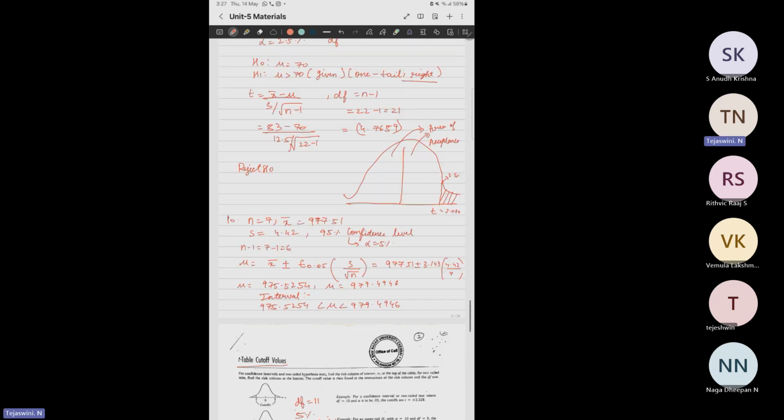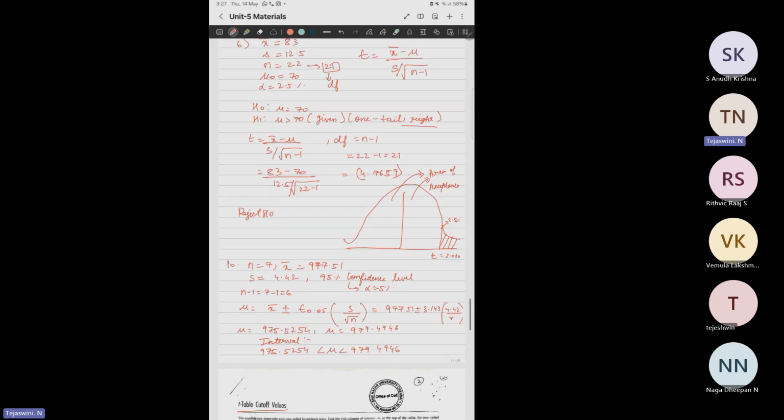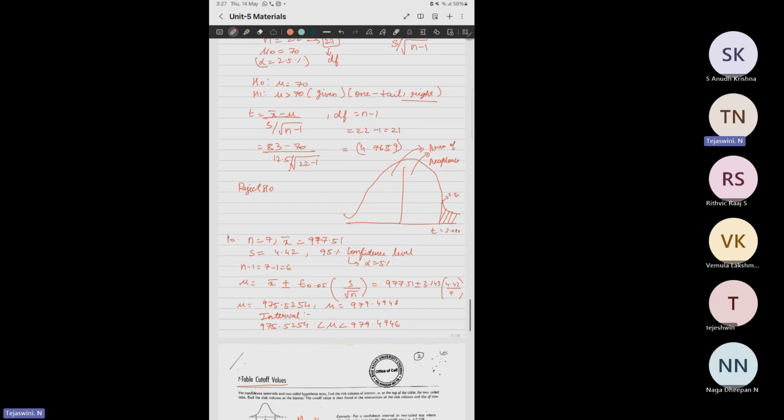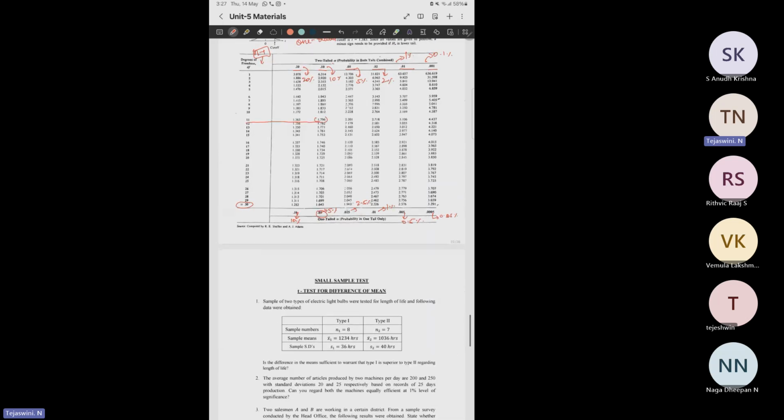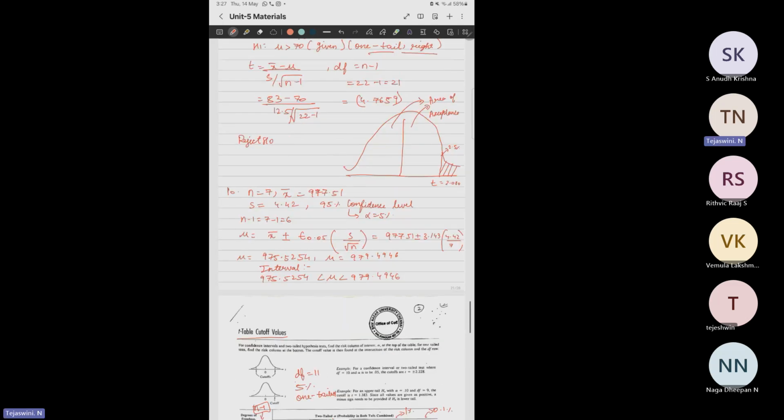We'll go to the t table with degree of freedom 21 and 2.5% significance in one tail. We'll get the t table value here: 2.5%, 21 degrees of freedom, so 2.080.